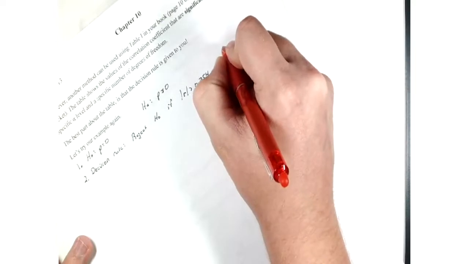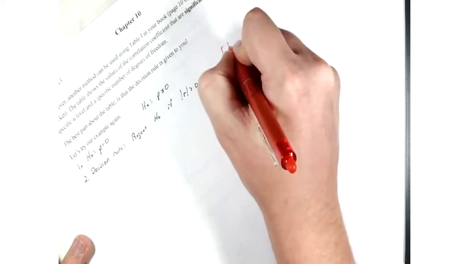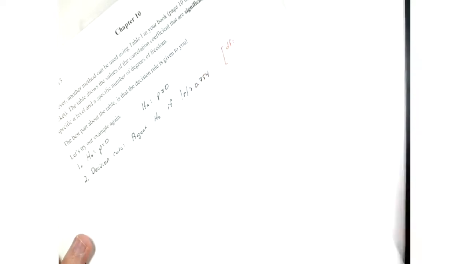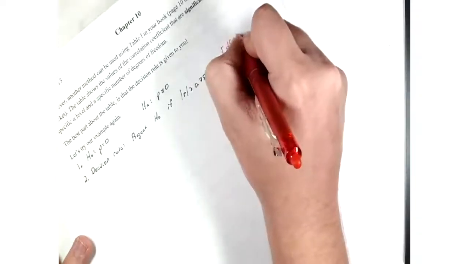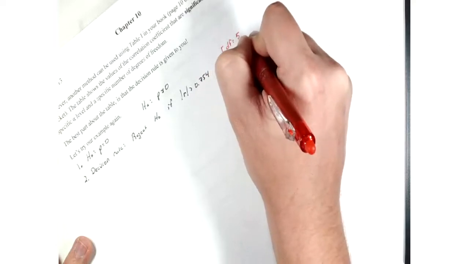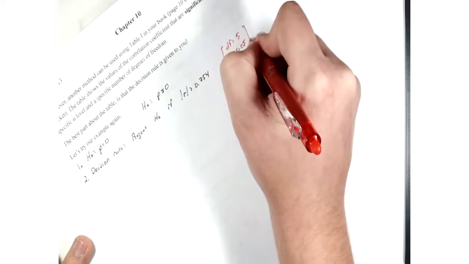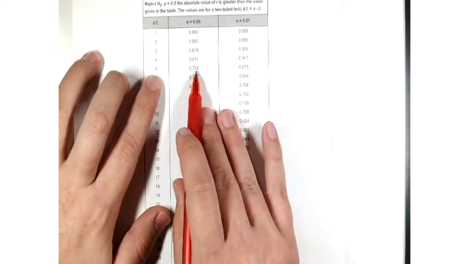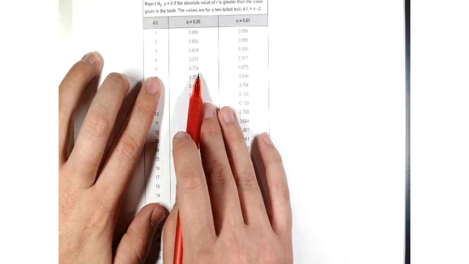The degrees of freedom we had in this case was 7 minus 2, n minus 2, which is 5. So we have a degrees of freedom of 5, and alpha is equal to 0.05. Then we use this table I to find the largest correlation coefficient that is not significant. With degrees of freedom of 5 and alpha of 0.05, it's 0.754.